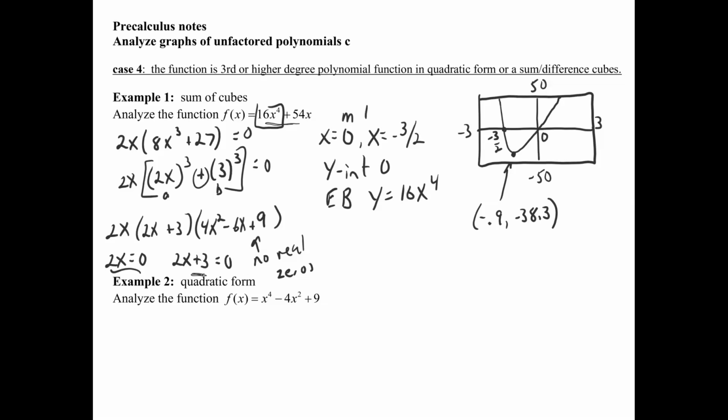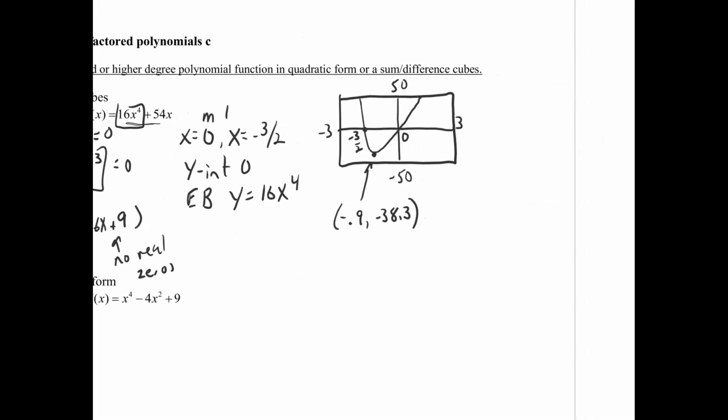So now we've got all the information that we need to be able to finish describing this graph. So let's just describe the domain, the range, where it's increasing, where it's decreasing. Okay, so the domain is still a polynomial, so it's all real numbers.